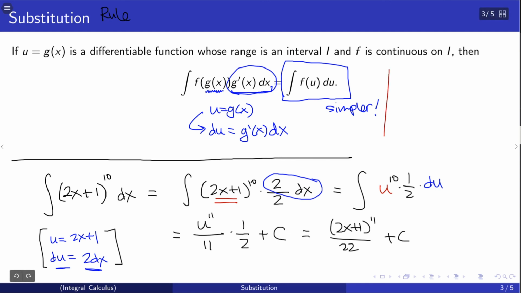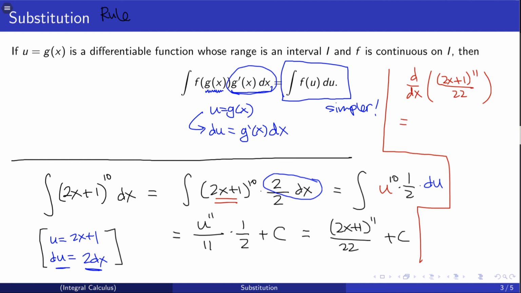And I'll end with a tip here, is that you can always check your work when you're integrating. Take whatever function that is that you ended up with, differentiate. Okay, so how do we differentiate? So it's the chain rule as expected, right? Because we use the substitution rule to integrate.